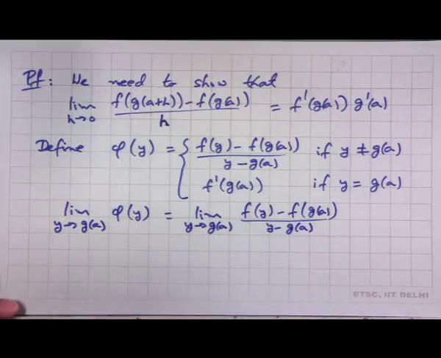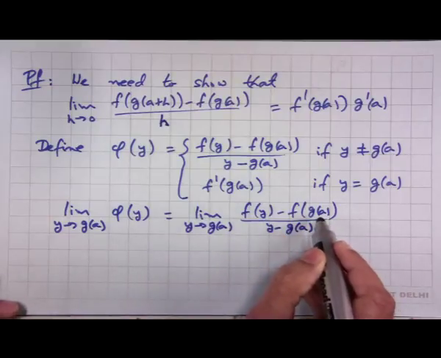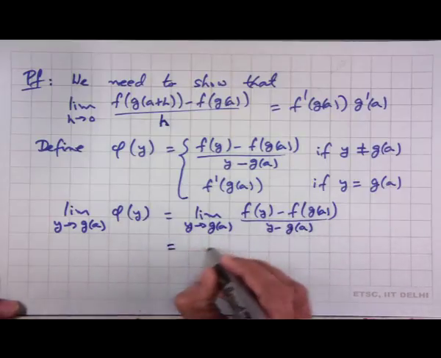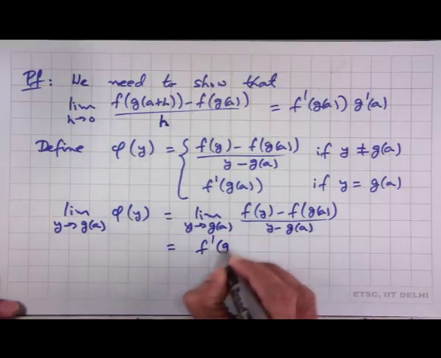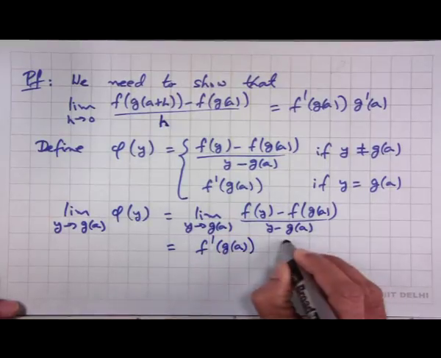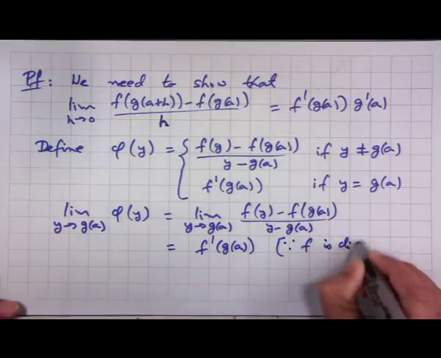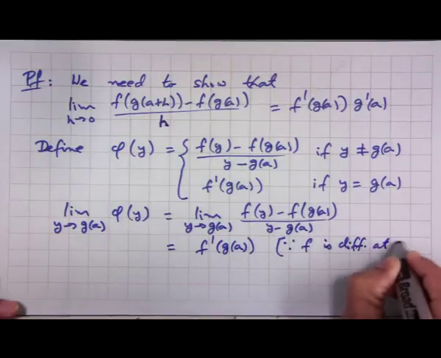Now, because it is given that f is differentiable at g(a), this difference quotient goes to f prime of g(a).